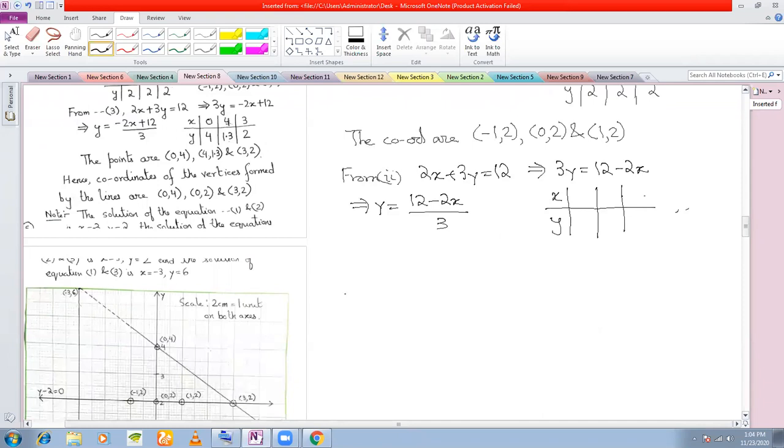For various values of x, my preference will be -1, 0, and 1 first. So let's check for x = -1. What is the value of y? (12 - 2(-1))/3, so you have (12 + 2)/3, which is 14/3. Fractional, so I cannot take it, let us reject this.